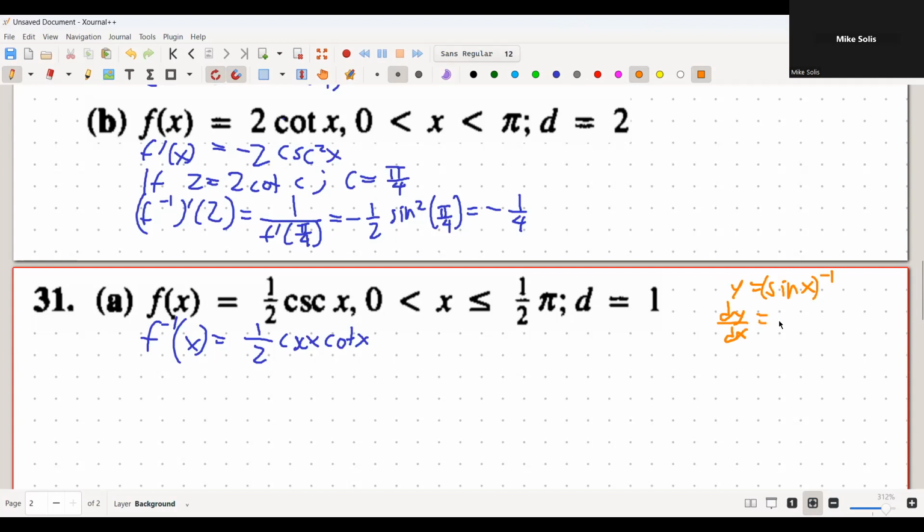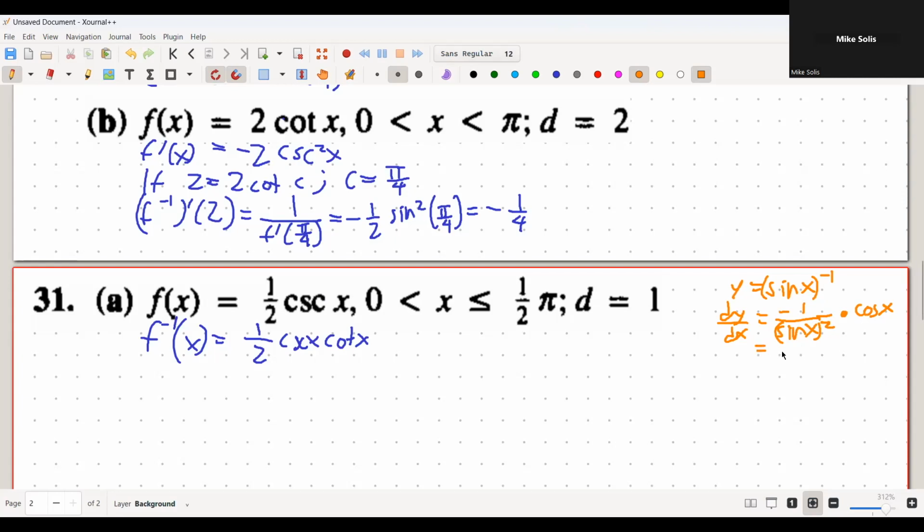So dy/dx is negative 1 over sine of x quantity squared, and then the derivative of the inside.